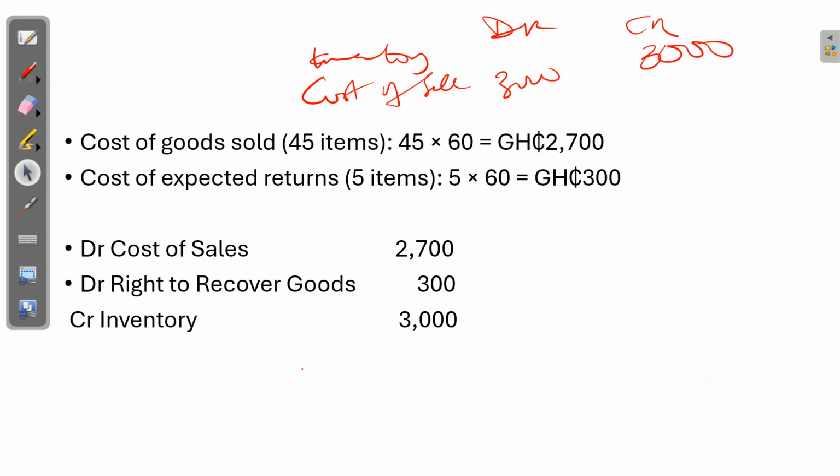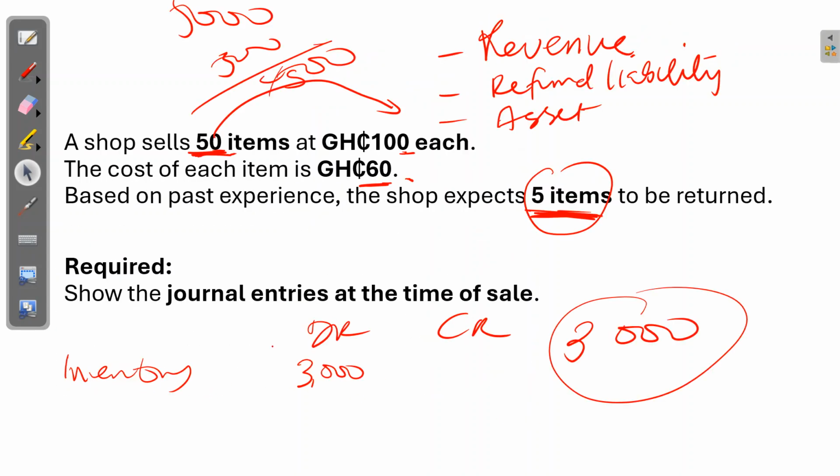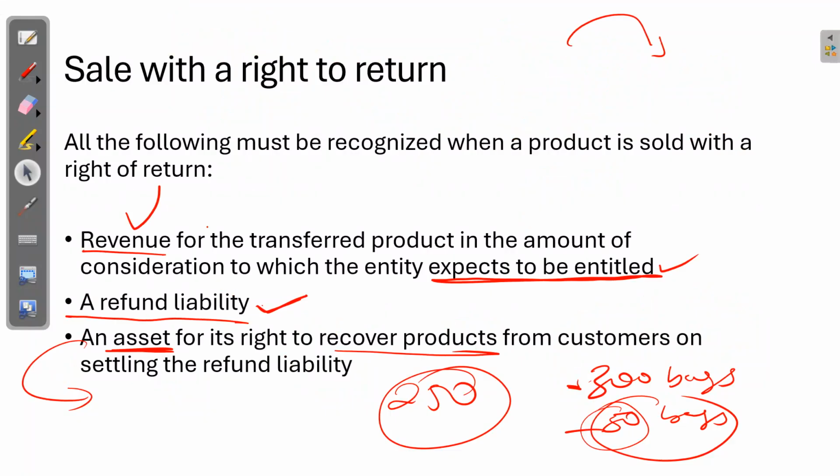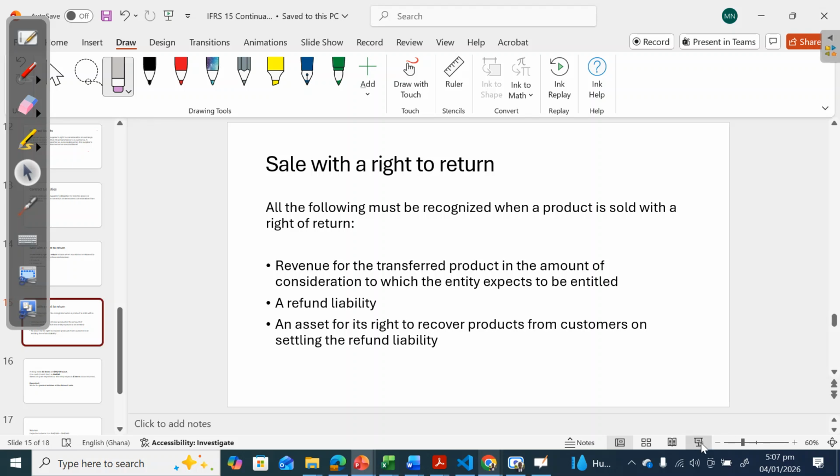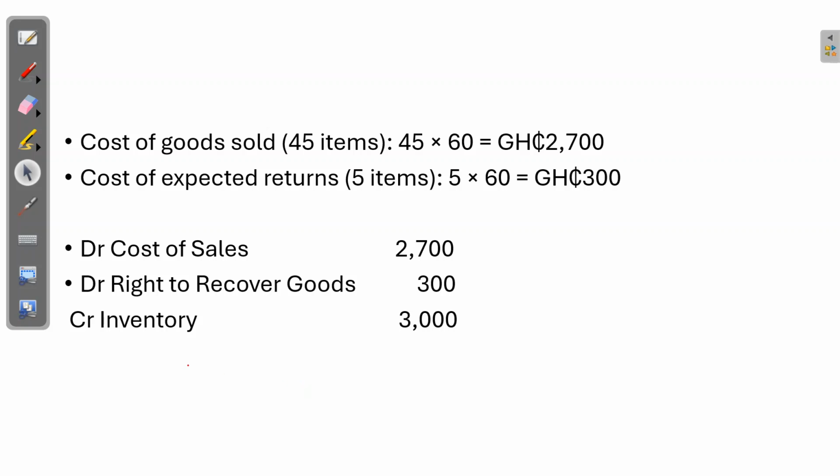Hey, we are not going to debit, we are crediting inventory because we are actually taking it out of inventory. So we are crediting inventory of 3,000.